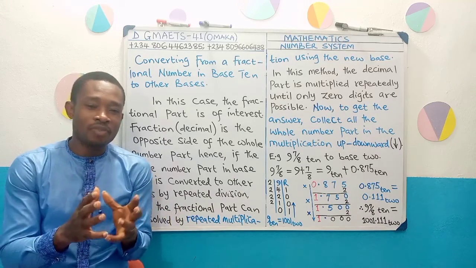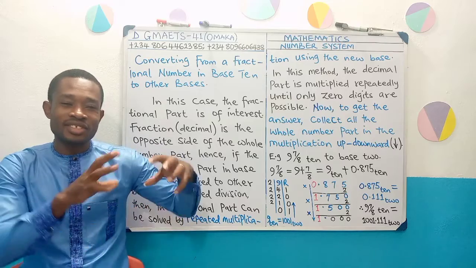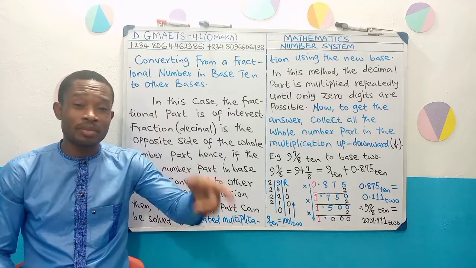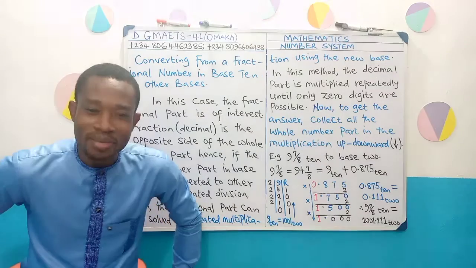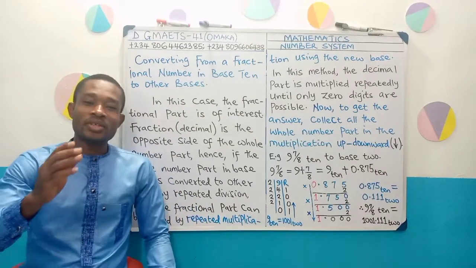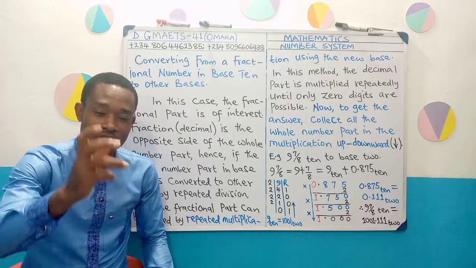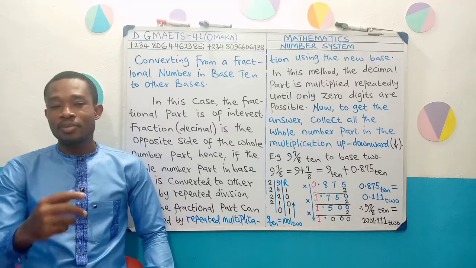Most times our problem is when a decimal number or a fractional number in base 10 is required to be converted to another base. The question is, how do we handle such a problem? Just think about this.